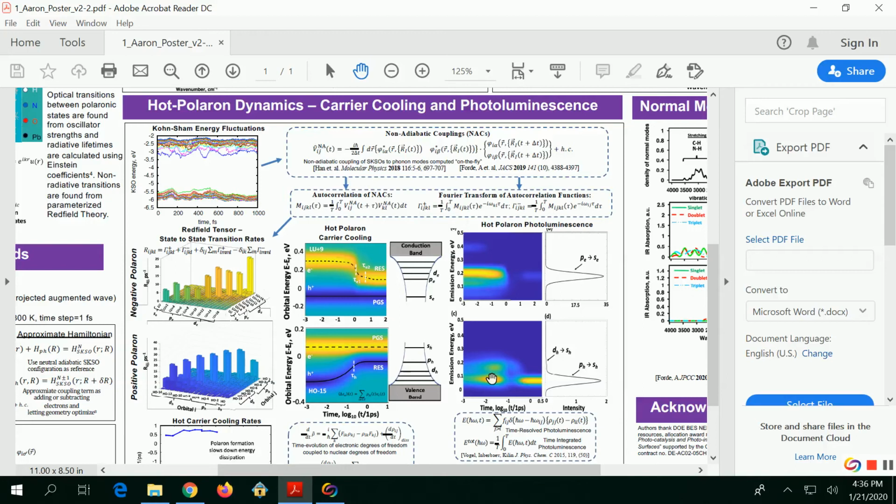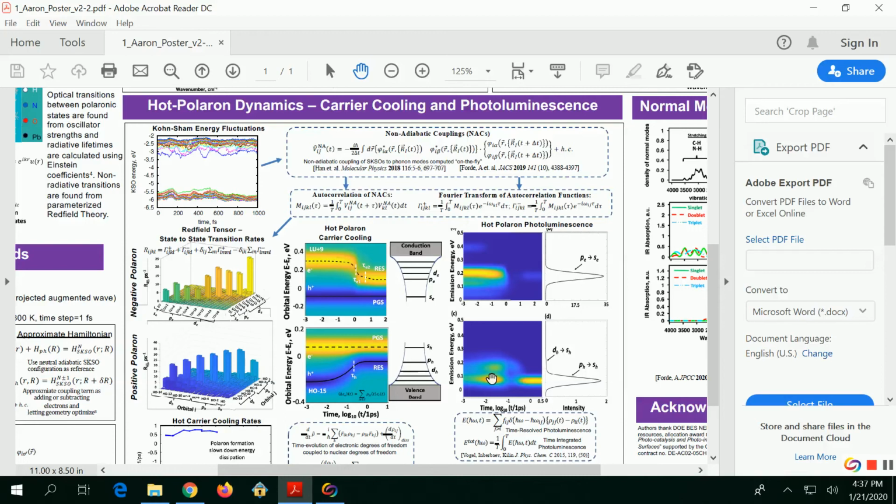The thing to notice between these two is that in both intensity and width along the diagonal, the negative polaron is lower than the positive polaron. It's kind of hard to see with the blue, but essentially it's saying that the negative polaron is more screened, or doesn't interact with the lattice as much as the positive polaron.